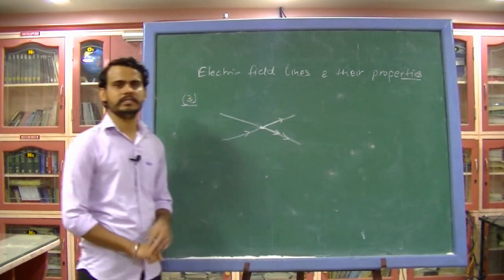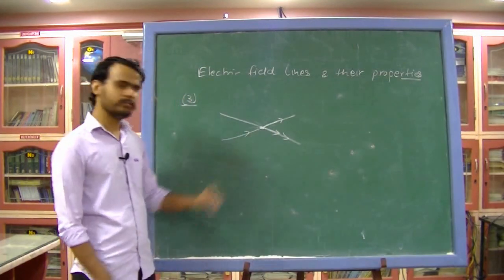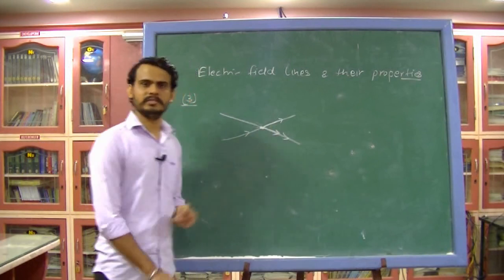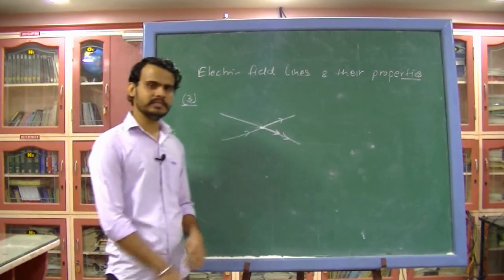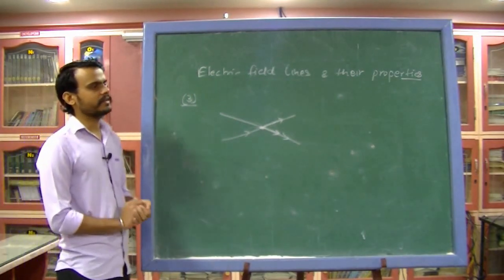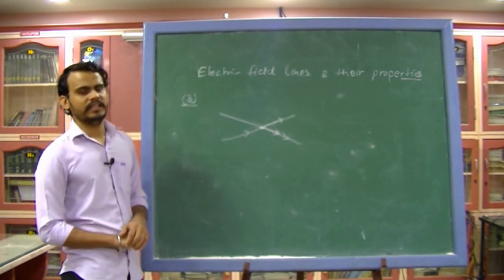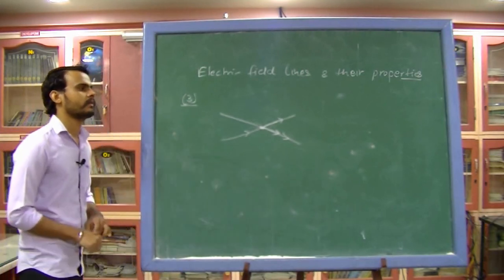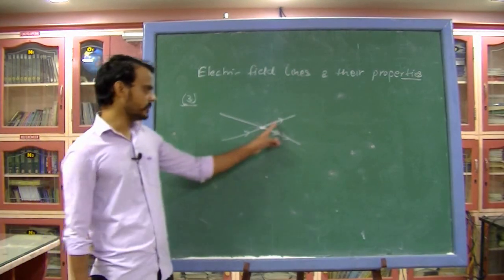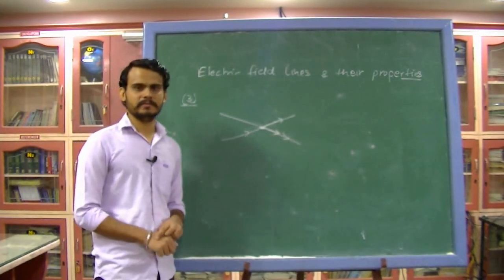So two electric field lines never intersect each other, because at the point of intersection, electric field will have two directions, which is not possible.